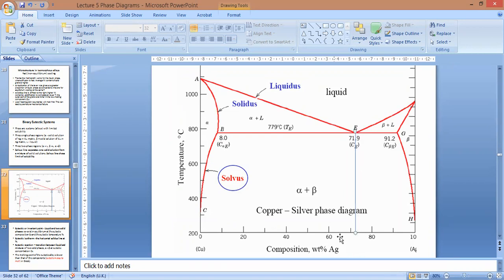At the composition of 73 weight percent silver here, this is where we have the eutectic point. What does a eutectic point mean? It means that at this point, our alloy is going to move directly from liquid into a solid.